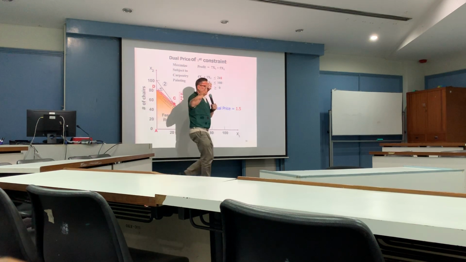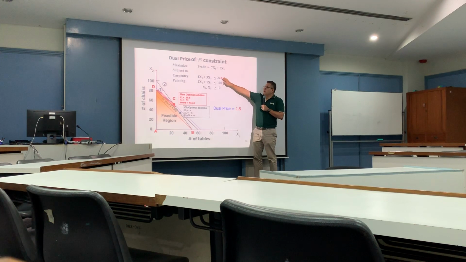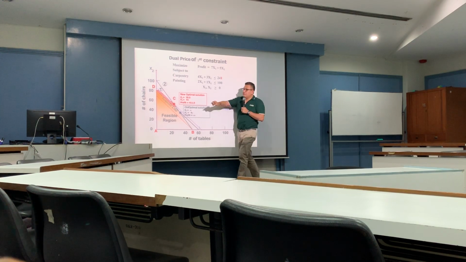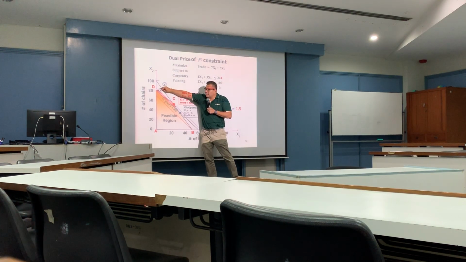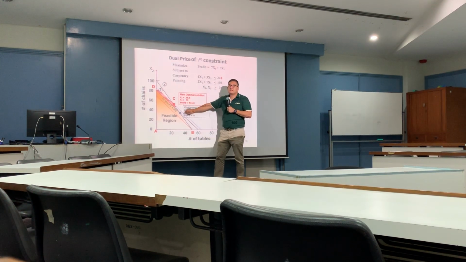Okay, listen carefully and pay attention here. In the original problem, this one is 240. Based on the original problem, you have the first constraint, the black bar. This is the first constraint. This is the second constraint.